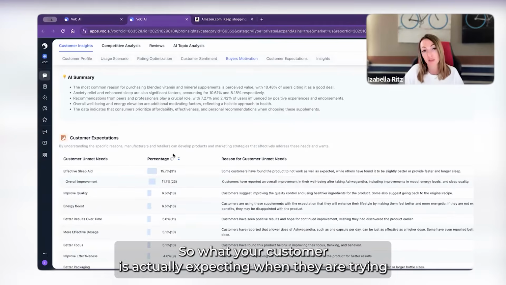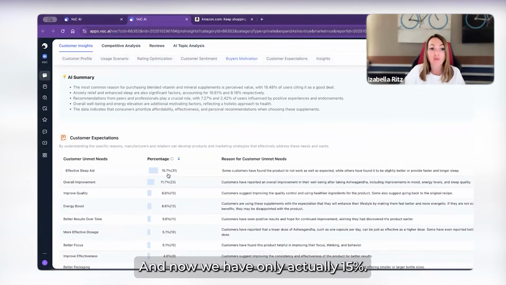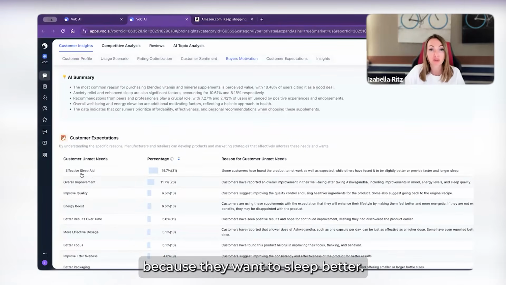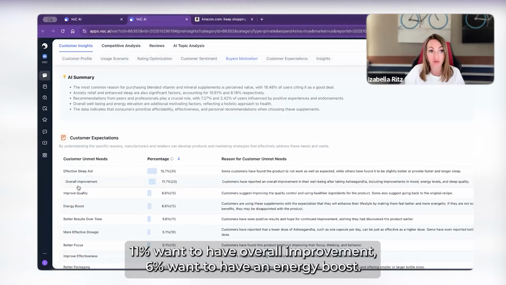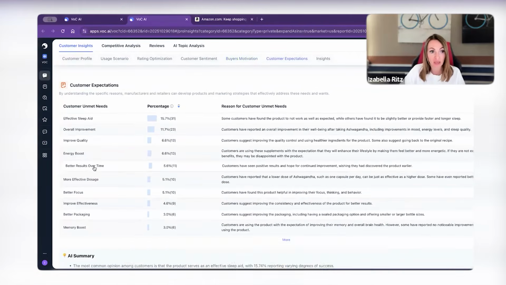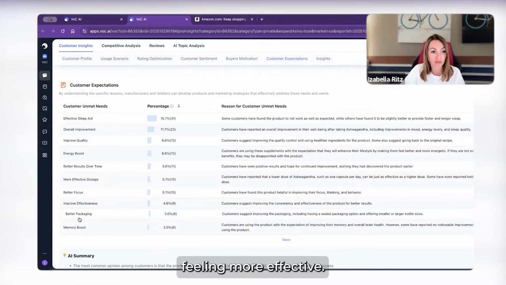So what your customer is actually expecting when they are trying to purchase your product, right? And now we have only actually 15%, it's not even 20 or 25, of people purchasing this product because they want to sleep better. And then overall, 11% want to have overall improvement, 6% want to have an energy boost, and then we have a small percentage of people for focus, feeling more effective.